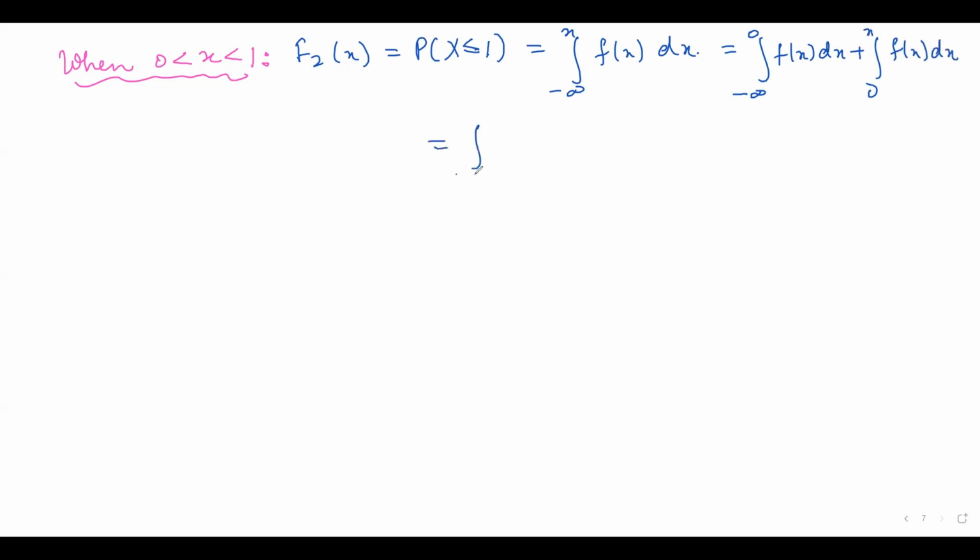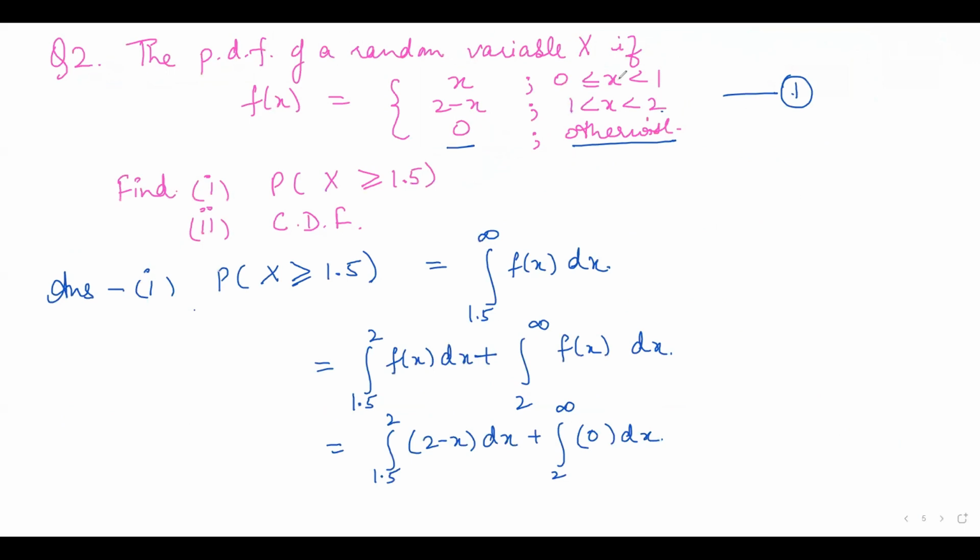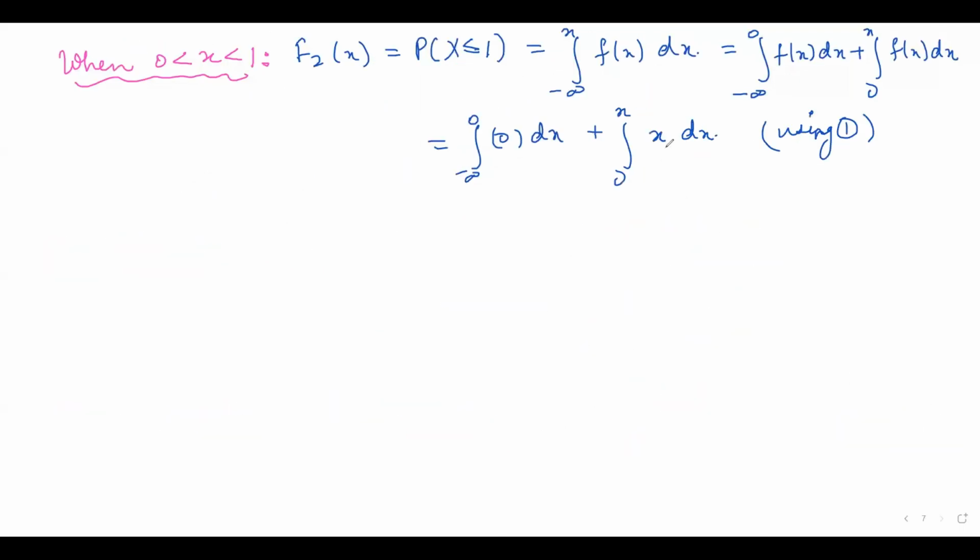As we know, minus infinity to 0 is just 0. 0 to x is the fx, which is given to us as x, using again the first equation. As we could see, from 0 to x, that means x greater than 0, the value of fx is given to us as x. So I'll just substitute here. I will get the final answer as x square upon 2. So this is my f2x.